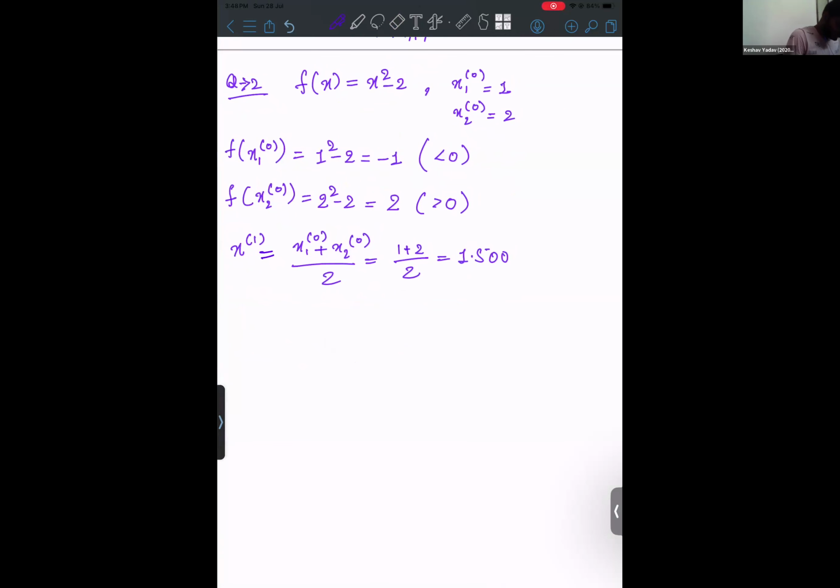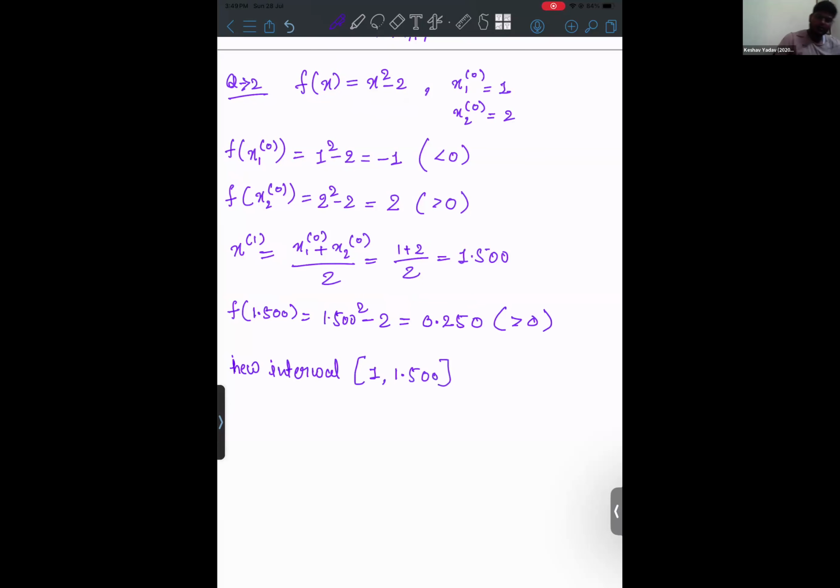So f at 1.500: 1.500 square minus 2 gives a positive number, 0.250. Since this is positive, our positive guess will be replaced. So our new interval will be 1, 1.500.